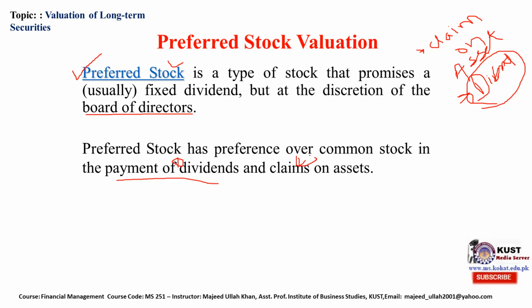But these preferred stocks have no voting right. They don't cast any vote at the annual general meeting, and they don't appoint any director on the board.